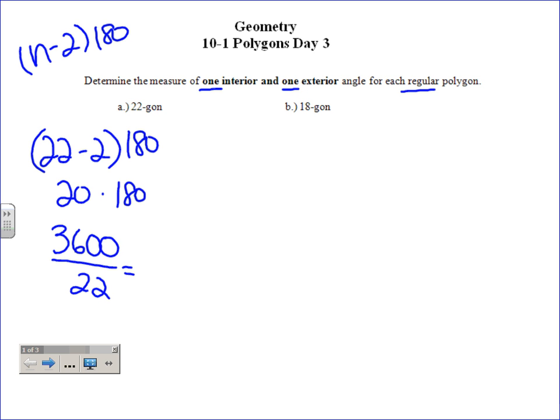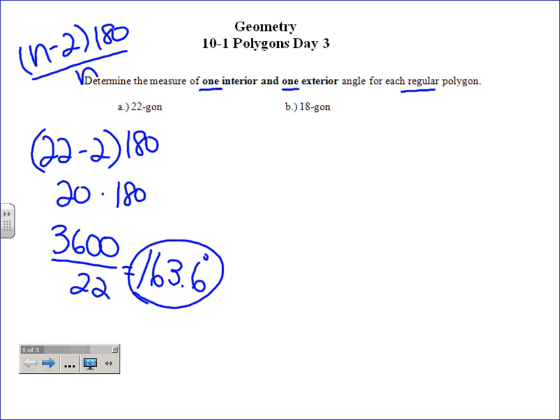That's why some people say to find just one interior, you can just divide by n. And what is 3,600 divided by 22, to the nearest tenth? 163.6.